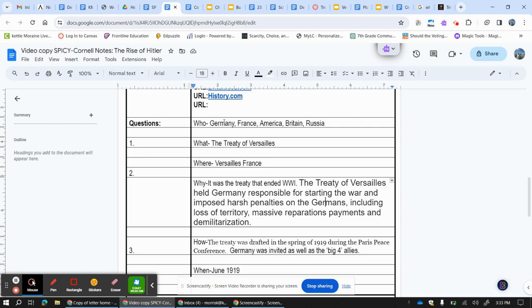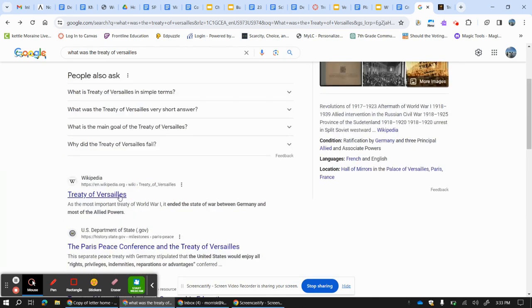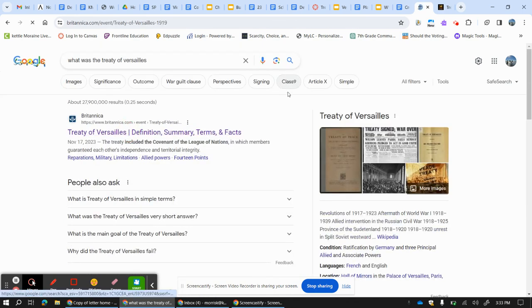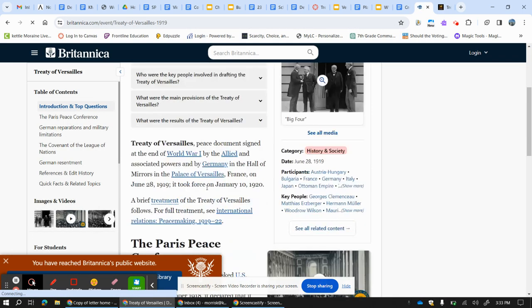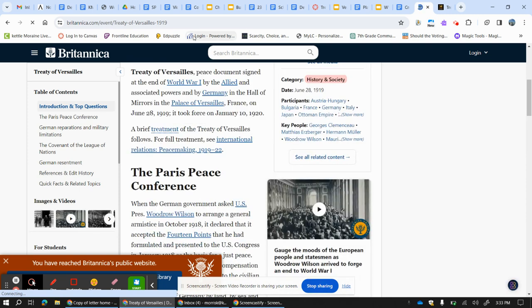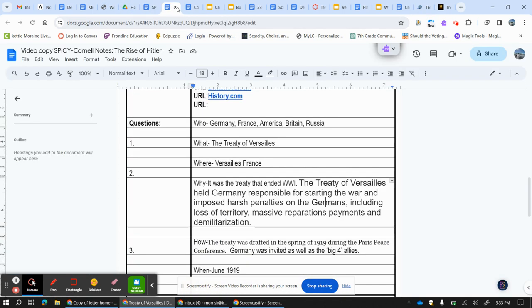Then I put in who was there. When I go to the source I had up a second ago, it tells me the countries that were there: Germany, France, America, Britain, and Russia.